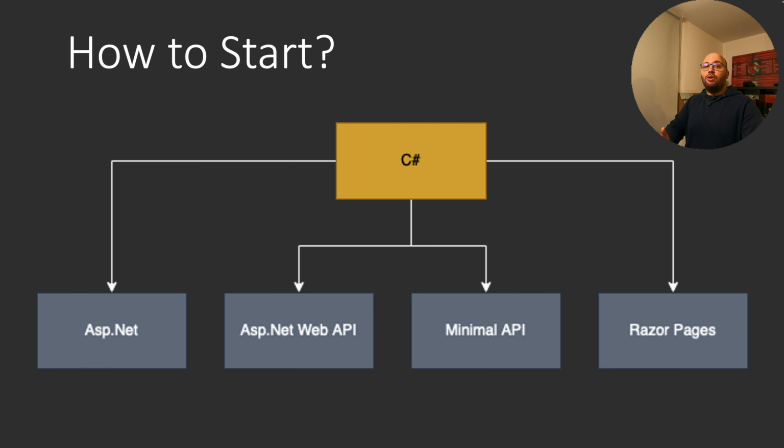Let's start with ASP.NET MVC, or we can say ASP.NET. ASP.NET MVC is built on the model view controller basics, which basically means that we have separation of concerns out of the box. As well, it means that we have the HTML, CSS, and JavaScript already built in within our web applications.